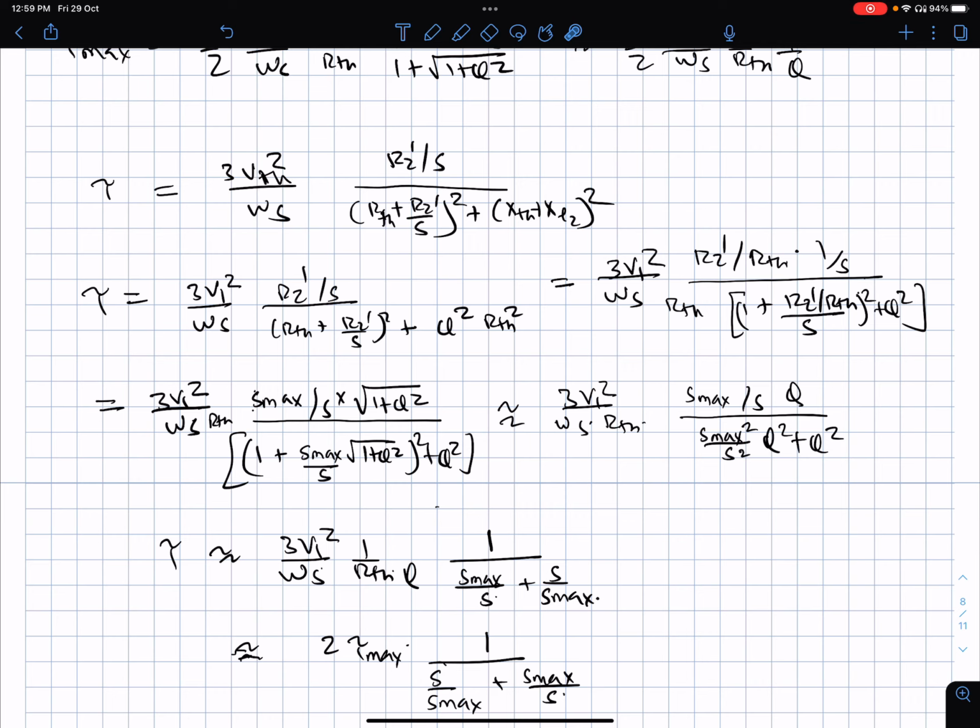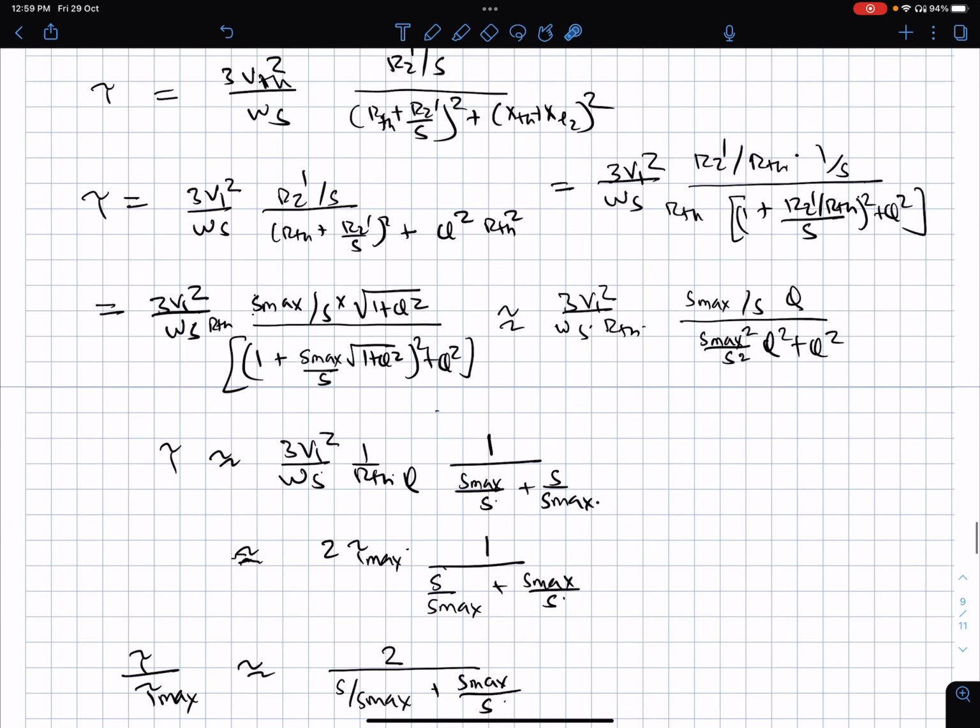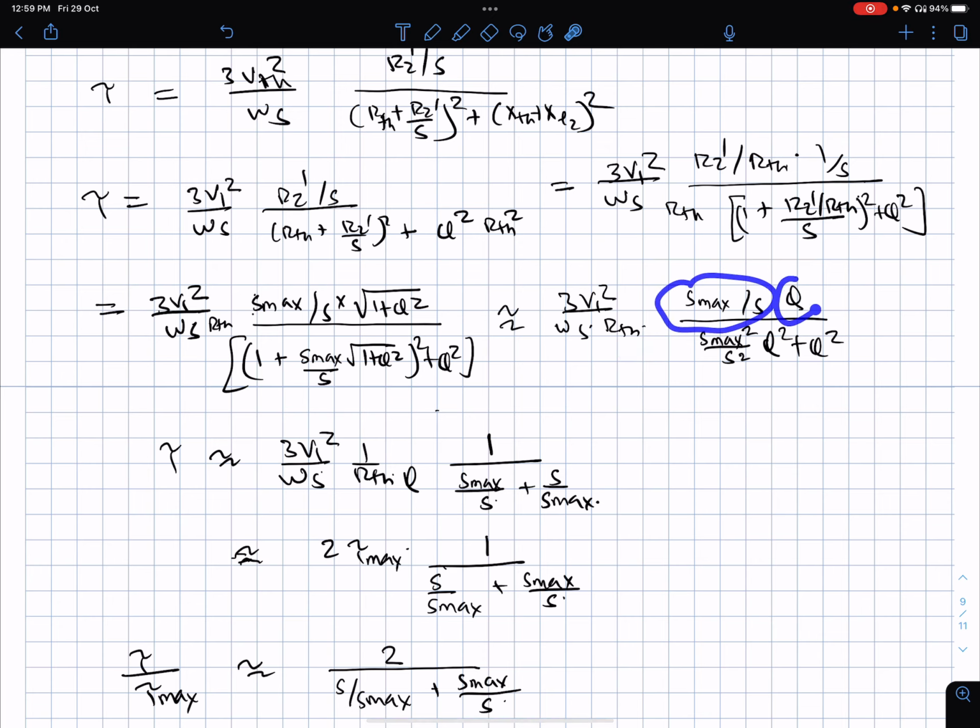Please go through these calculations carefully. I'll leave you the notes. And then this will become 3V Thevenin square by omega s R Thevenin, etc. You work it out here. This will simplify to 3V1 square by omega s R Thevenin into S max by s into Q plus S max square by s square Q square plus Q square.